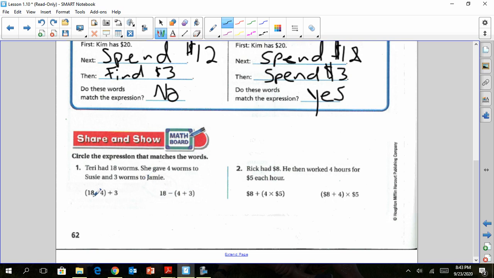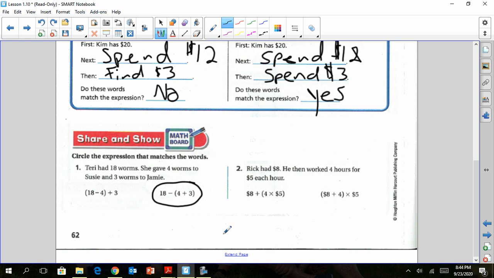We have subtraction here and here. Which expression matches that story problem? Did she have 18 and get rid of 4, and then she got 3 more? She found 3 more or was given 3. Or did she have 18 and she took away 4 and 3? This expression matches because she gave away 7 worms, 4 plus 3, and she took it away from 18.